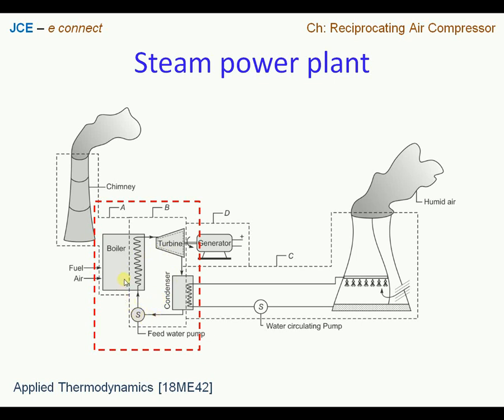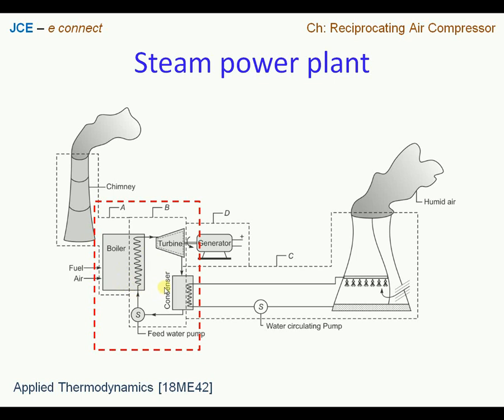Here we see the heat is added into the system at the boiler through the furnace, and work is produced in the turbine, and at the same time heat is rejected at the condenser, and we have a feed water pump here to pump the water back to the boiler to keep the cycle moving.